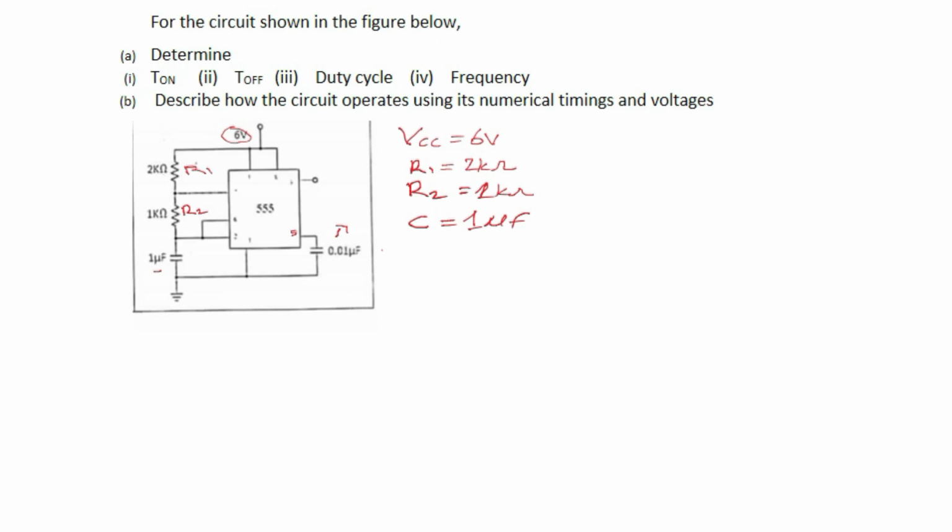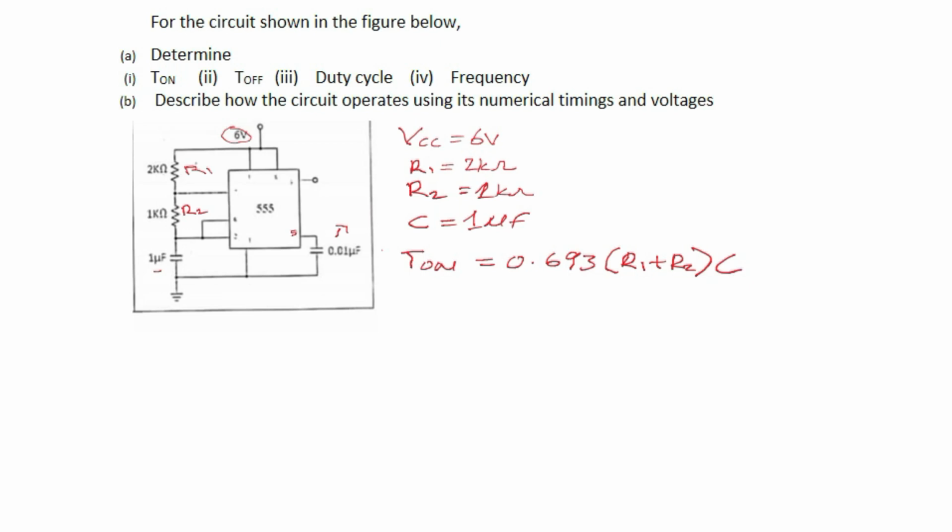For an astable multivibrator, the time on, which is the T on, is given as 0.693 into bracket the summation of the resistors, which is R1 plus R2, and C, which is the capacitor.